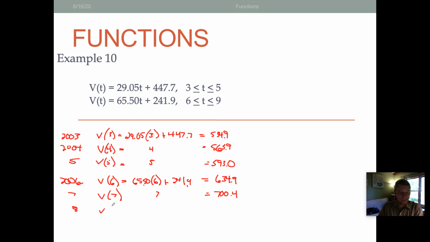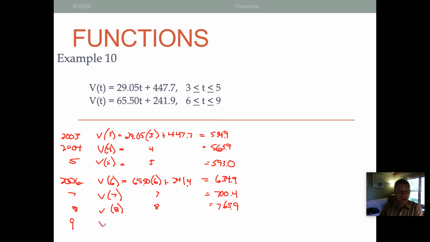2008, V of 8. We plug in the 8 instead of the 6 or the 7, and that's going to give us 765,000. And I'm just reading these numbers right out of the textbook. But please get out your magic number boxes and make sure that you can get these answers with your calculations.